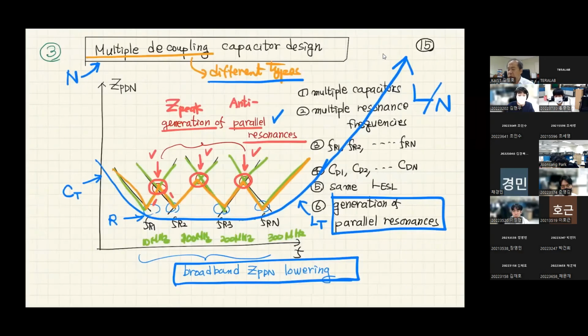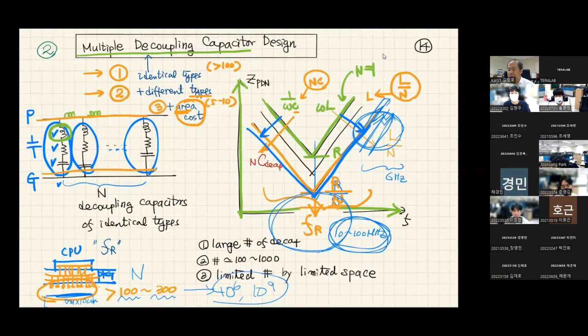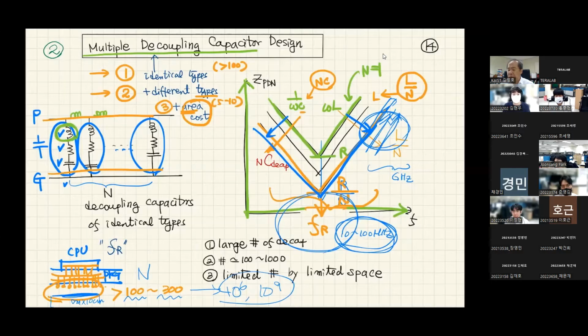And given those limitations, one clever way to design decoupling capacitors is multiple decoupling capacitors with identical types. Rather than having big size, we're gonna have many small size, and those decoupling capacitors should have resonance frequencies at high frequencies.